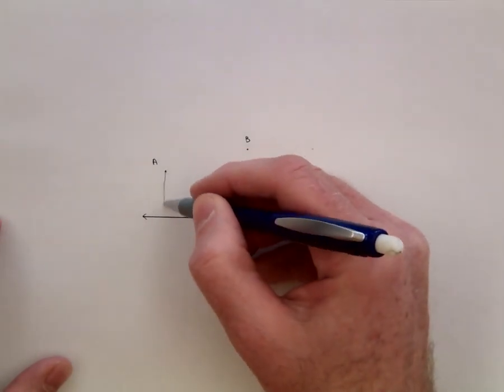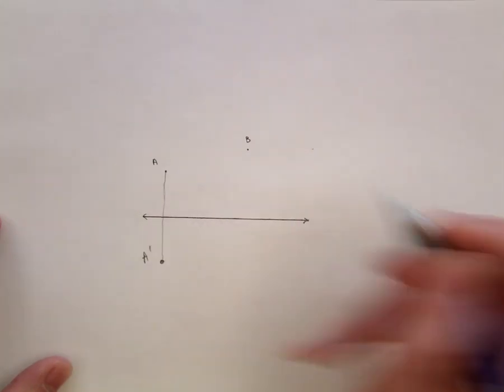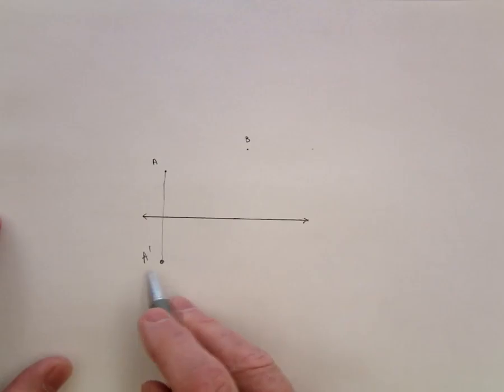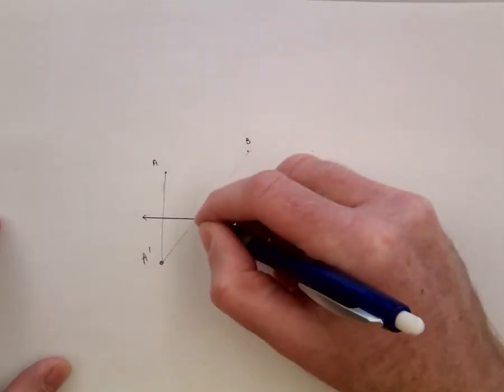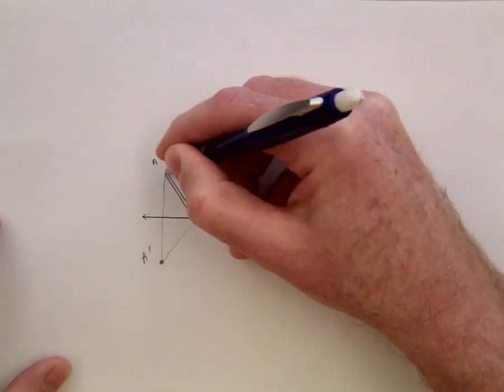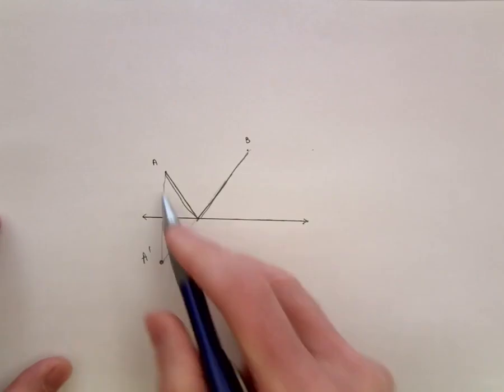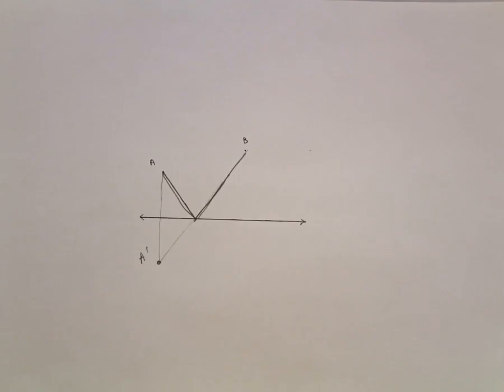And the rather interesting answer is that if I just take the reflection image of A across this line, shoot a line back to B, that intersection there is going to identify for me the point that I want to head to if I want to minimize that distance. That concludes our set of examples on reflection.